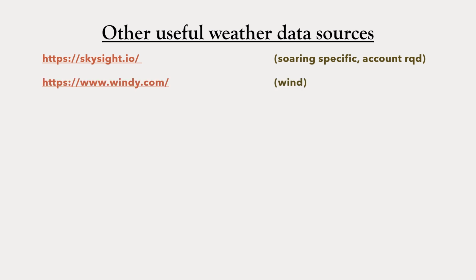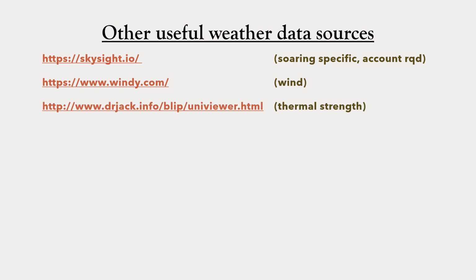There's a website called Windy. I know a lot of people in the club like to use that to get weather. There's another free site called Dr. Jack that other people have used. I've got a couple slides about a skew-T chart and how to interpret those and use that to get good information.